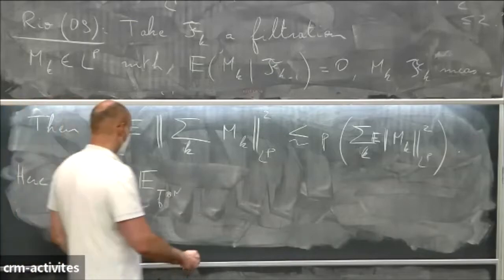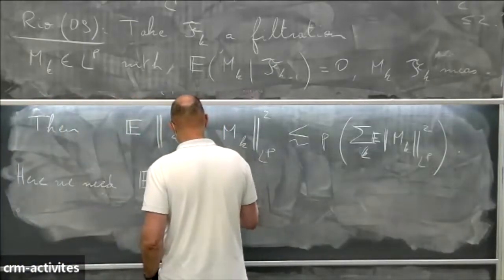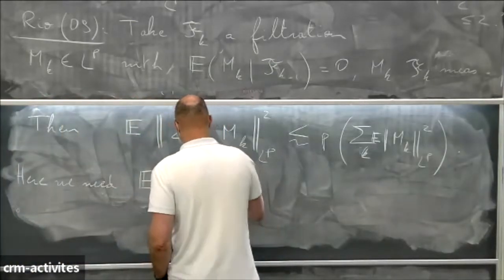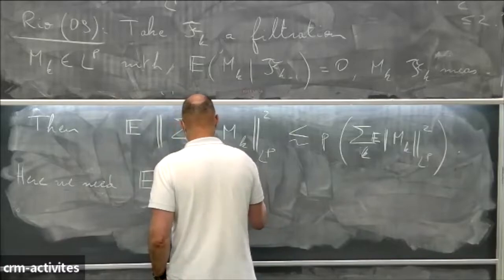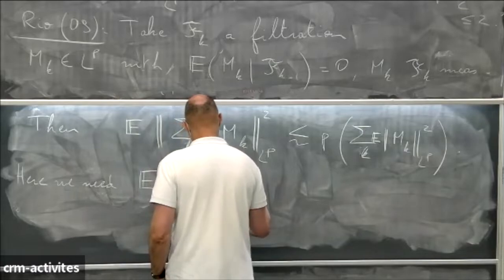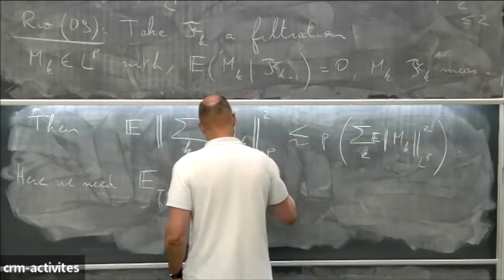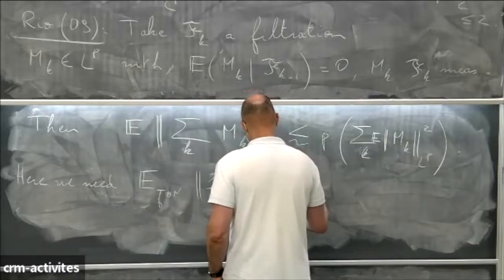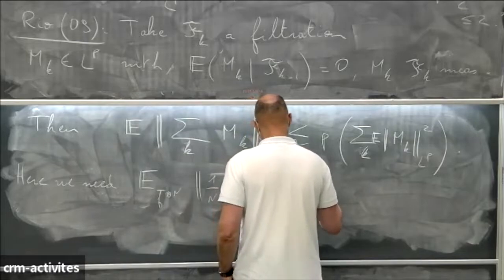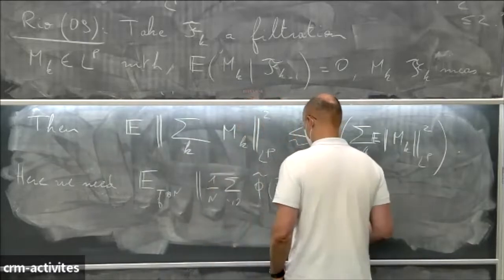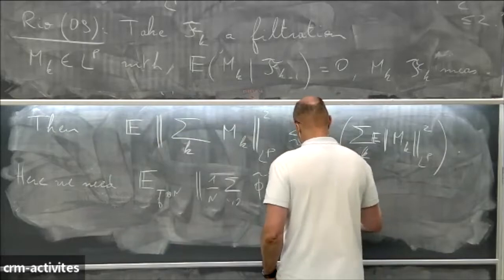So this is something I can represent as the double sum, 1 over n, the sum over ij, the sum phi tilde xi bar xj bar LP.